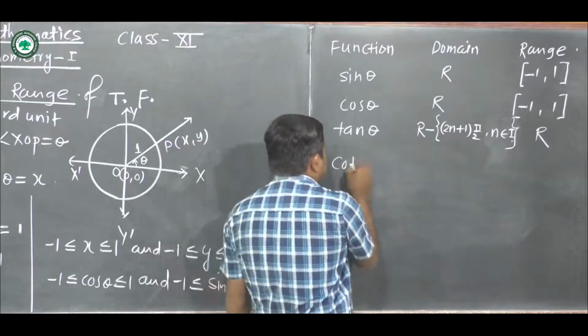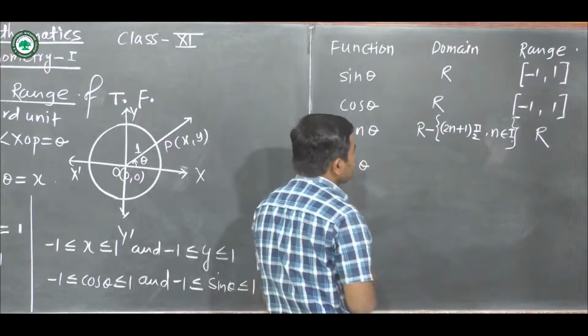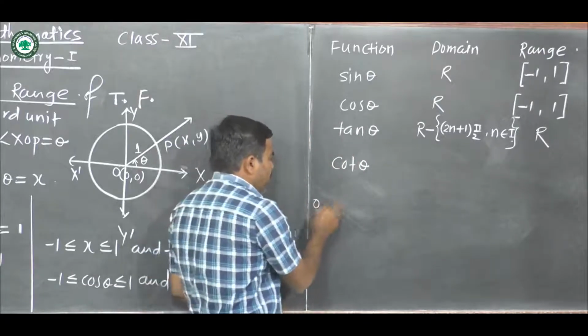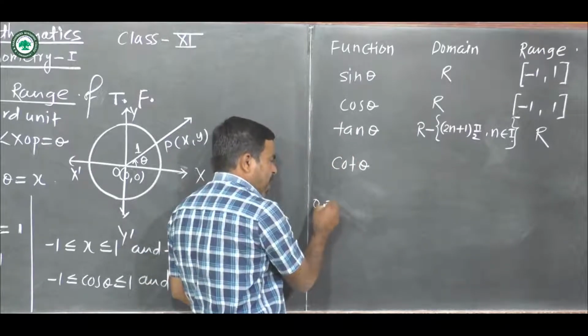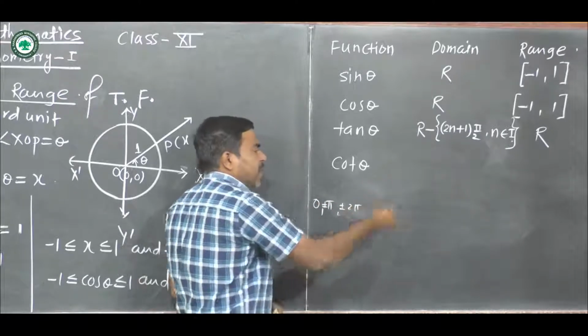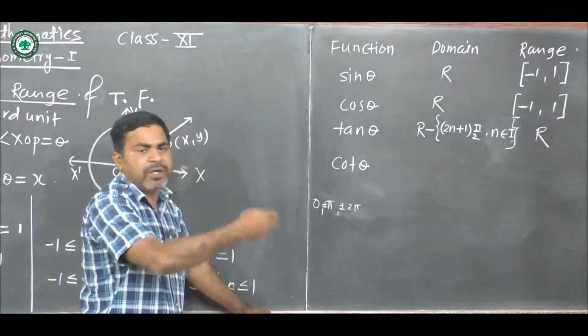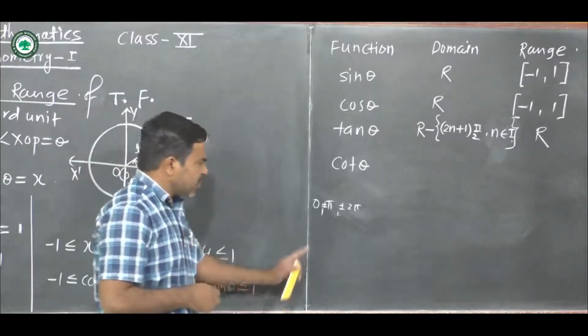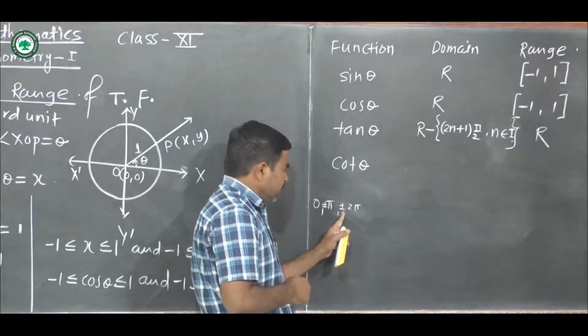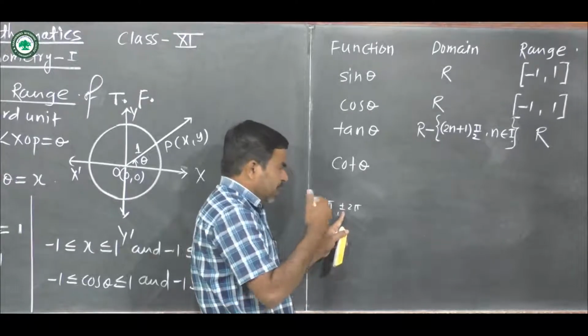Cot of theta. So cot theta is not defined for 0, plus or minus pi, plus or minus 2 pi, plus or minus 3 pi, and so on. So cot theta is not defined for these values. It means that for these values cot theta does not exist.